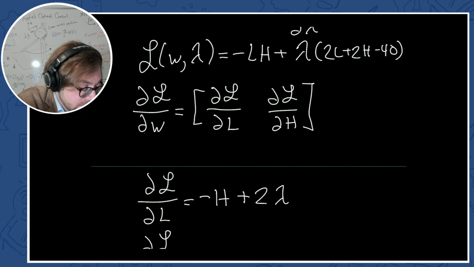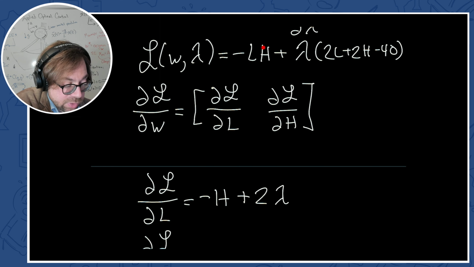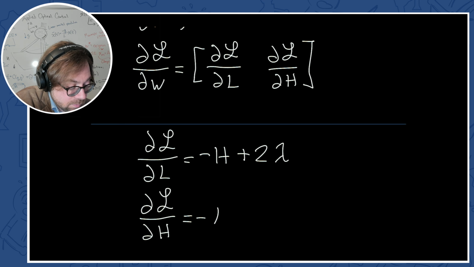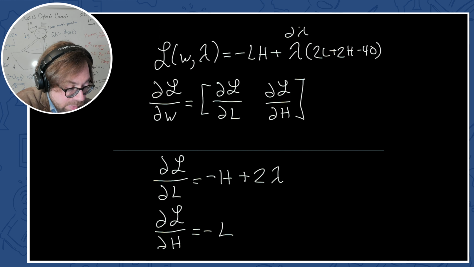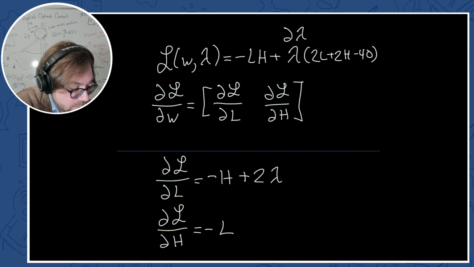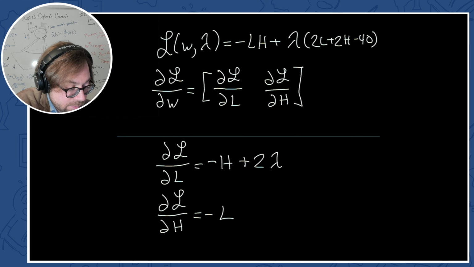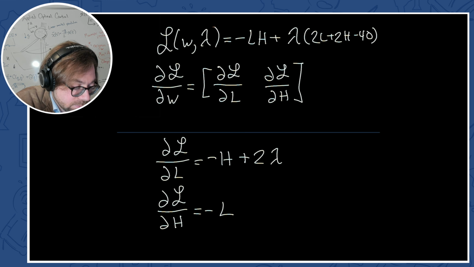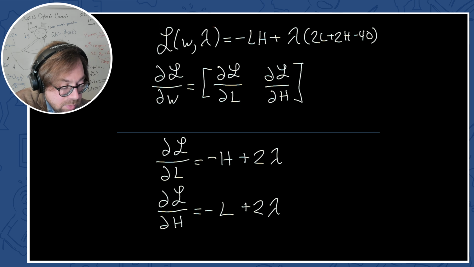It's going to be the coefficient in front of H right there, so minus L. I'll zoom out a touch. Then you're going to have, where's your H's? There's an H there, so that's positive 2 lambda. That's going to be a constant. That goes away. So it's going to be plus 2 lambda. Okay?